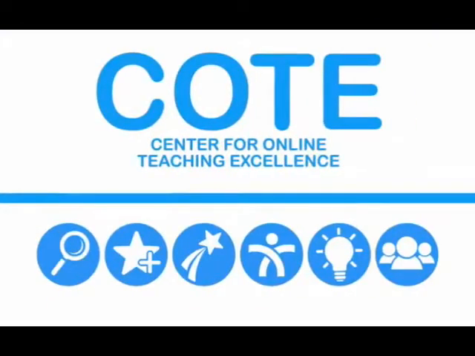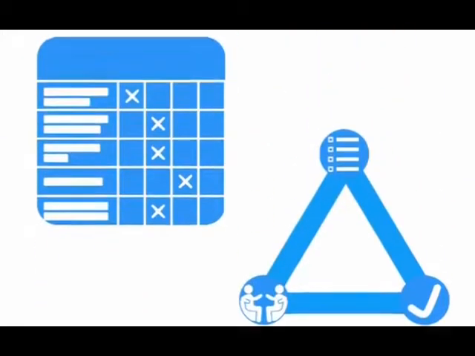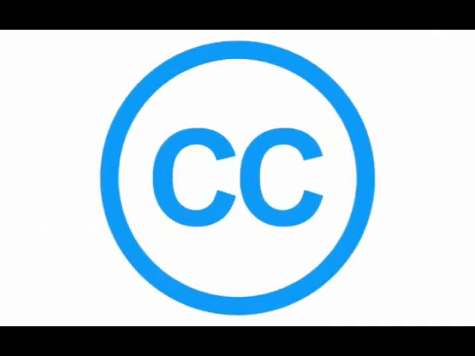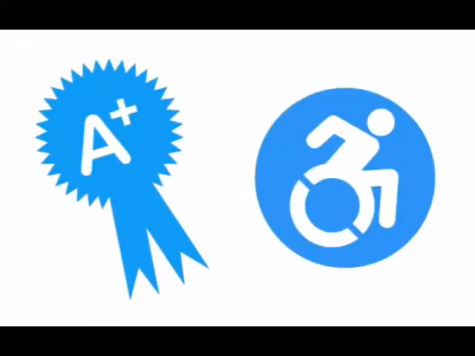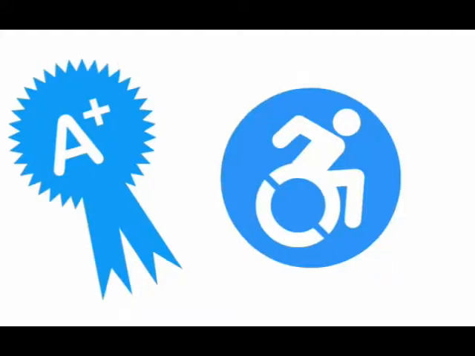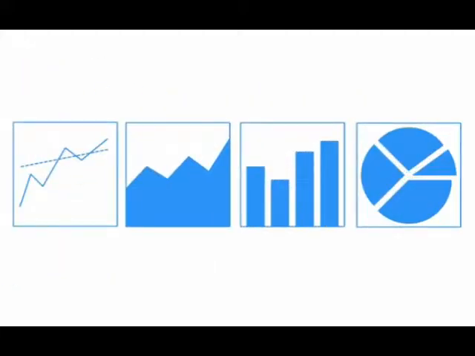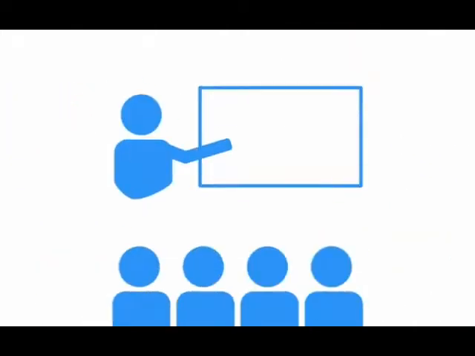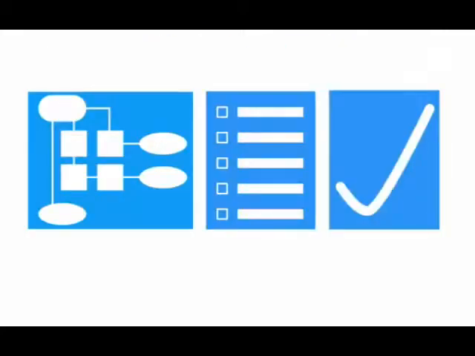The Open SUNY Center for Online Teaching Excellence has developed an online course design rubric and process that addresses both the instructional design and accessibility of an online course that is openly licensed for anyone to use and adapt. The aim of the Open SUNY Course Quality Review, or OSCAR, rubric and process is to support continuous improvements to the quality and accessibility of online courses, while also providing a systemic approach to collect data across campuses, institutions, departments, and programs that can be used to inform faculty development and support large-scale online course design, review, and refresh efforts consistently.